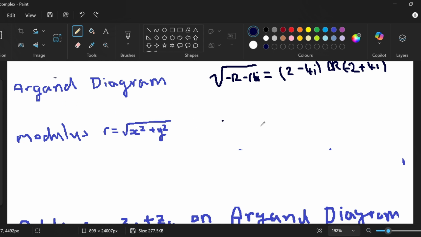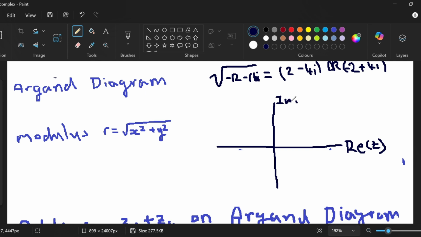An Argand diagram is a way you can visually represent your complex number. To get an Argand diagram, I draw an x-axis and I put the real part of my complex number here, and then I draw a y-axis and I put the imaginary part of my complex number here.